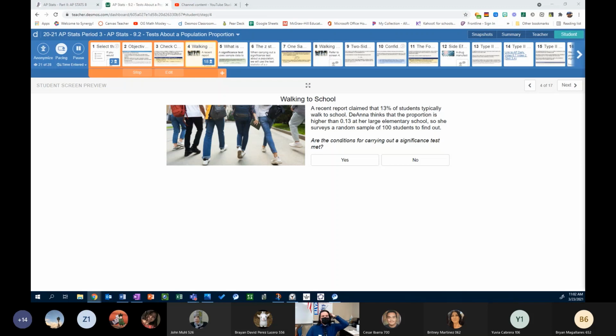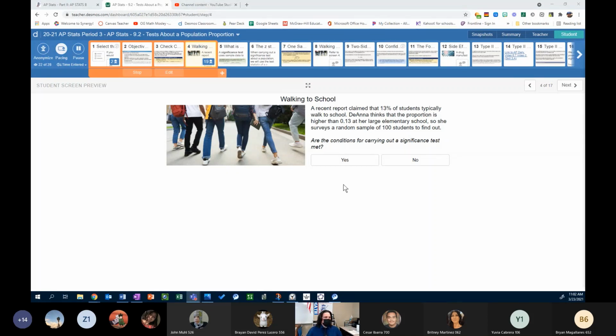All right, guys, let's talk about this one. As a class, most of you selected yes. We had a few students who said no. Based on simply checking our conditions, random, 10%, and large counts, and not anything else, like we're not checking to see if we'll have sampling errors, so to say.